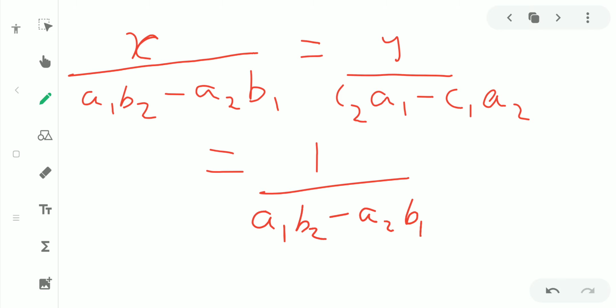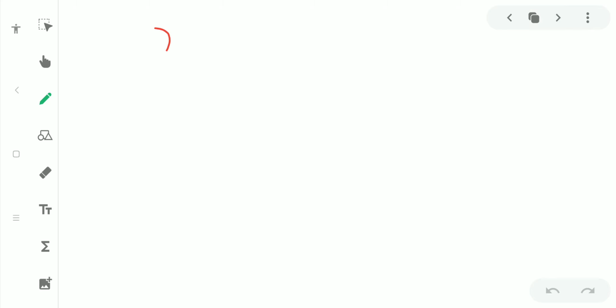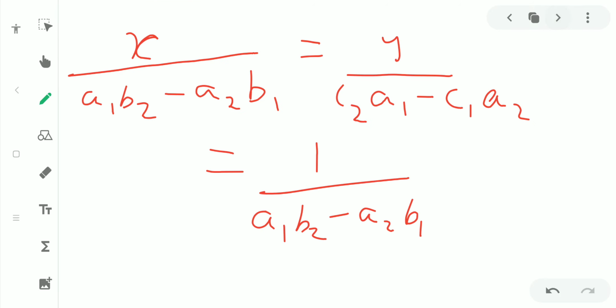So let us try to solve it now. x by a1 into b2 minus a2 into b1.